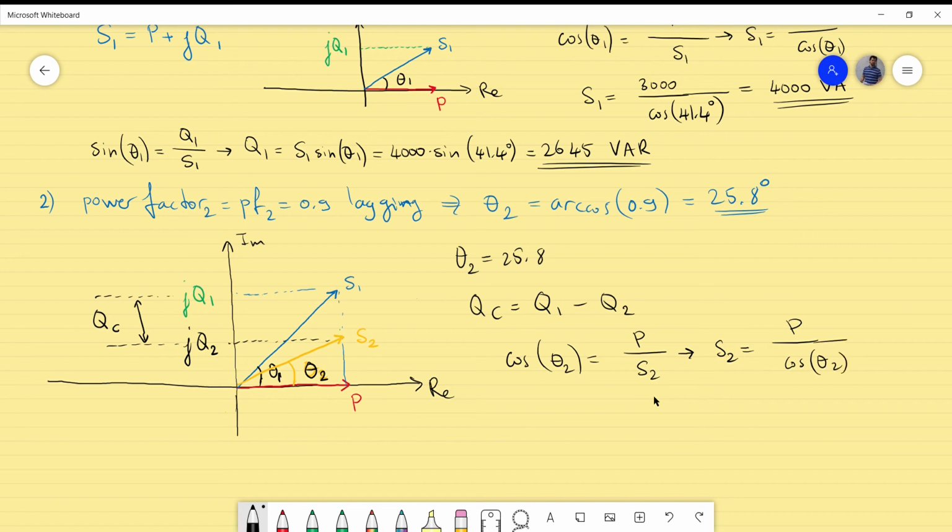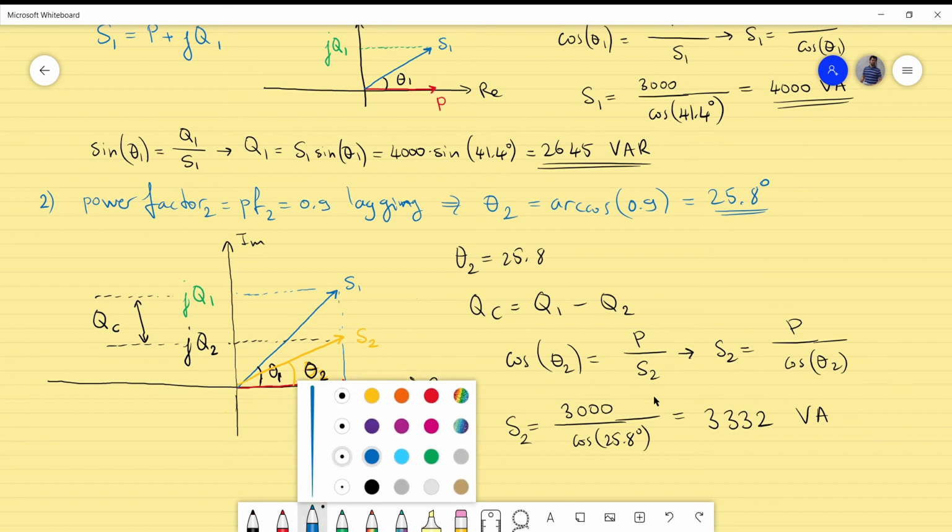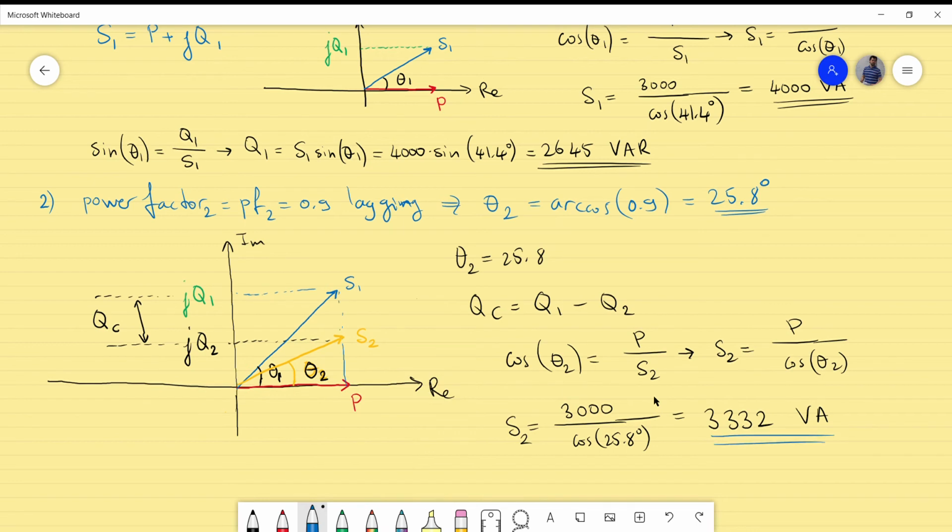Now if you substitute the values, this is still 3000, and now cosine of 25.8 degrees, and this will give us the new value of the apparent power, which will be 3332 volt amperes. So I will make this blue. So this is for this case.